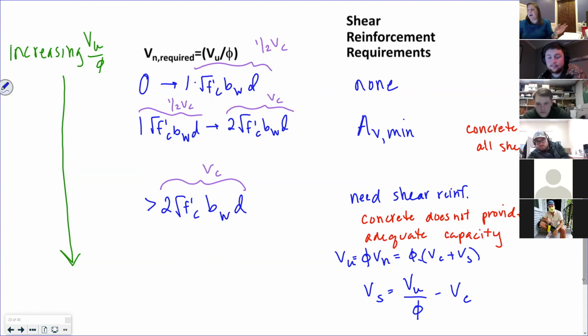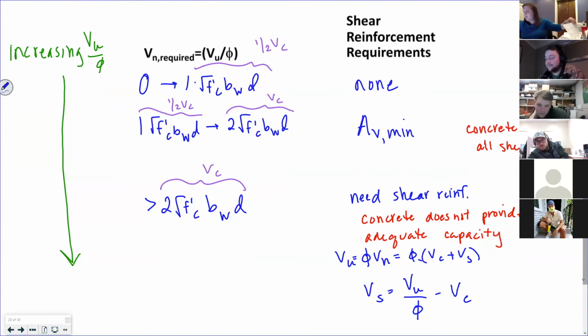So up until half my shear capacity of my concrete, I don't need any reinforcement. From half to all of my concrete capacity, I need to provide at least Av min. If I require more capacity than my concrete can provide, I have to make up for it with shear reinforcement, my stirrups.